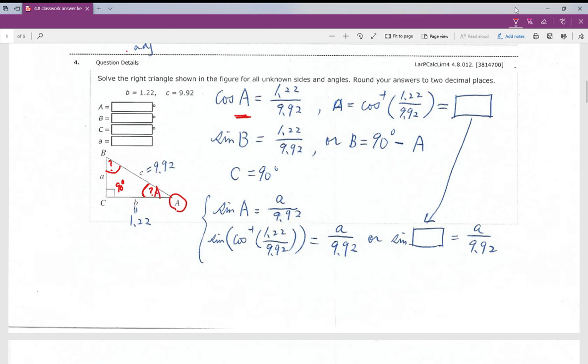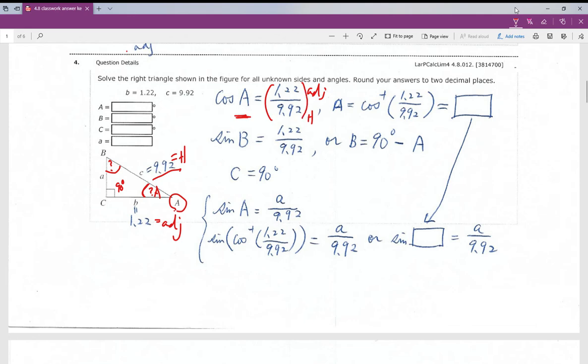You can either use sine or cosine to find angle A, but for angle A, you can see that you have a hypotenuse and you have an adjacent. Yes? Okay. So adjacent and hypotenuse need to be cosine. That's why I choose cosine function.